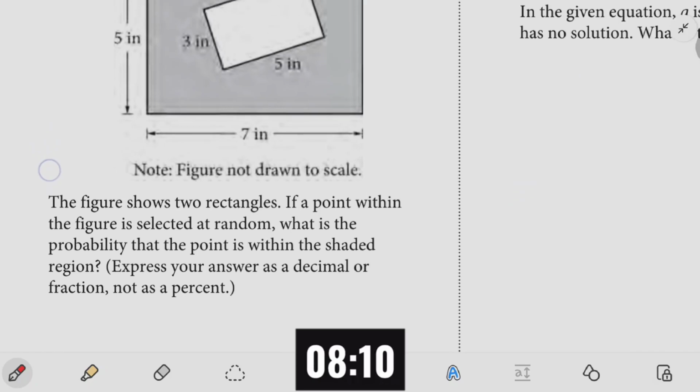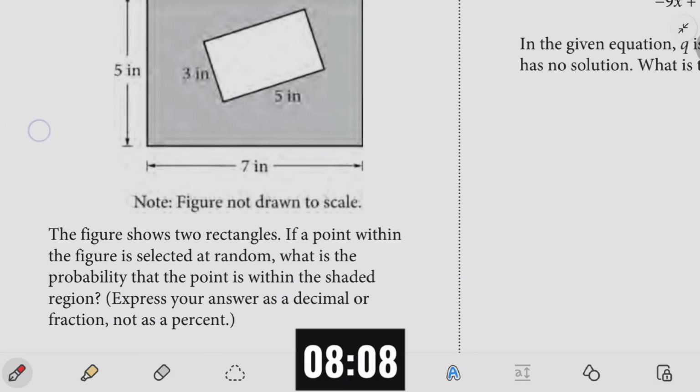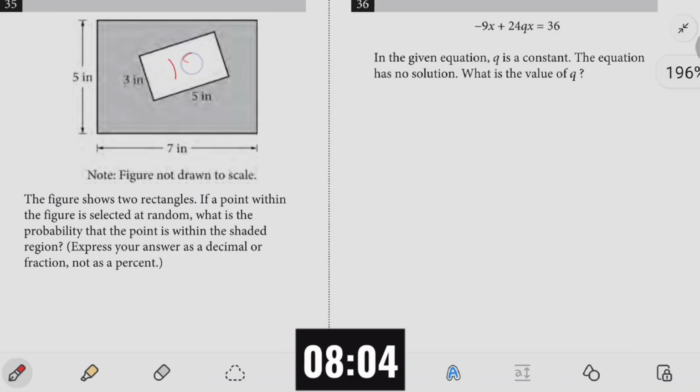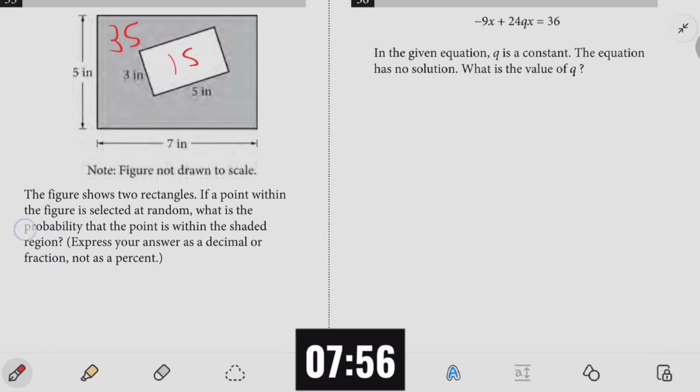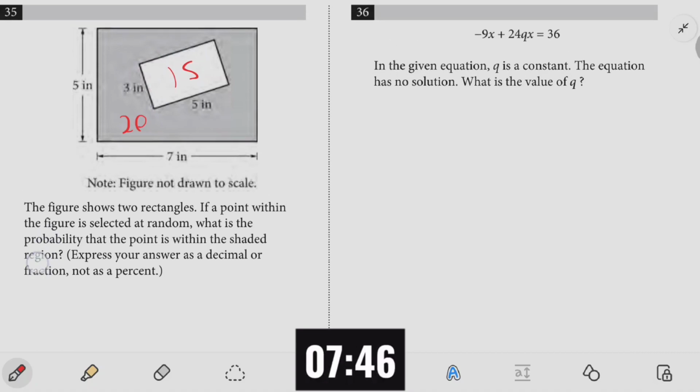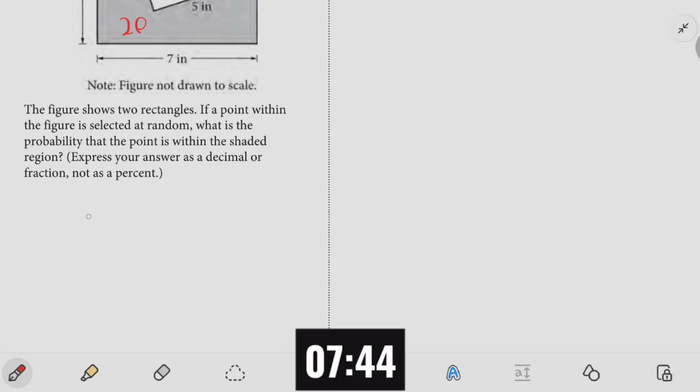Figure showing two rectangles, and a point within the figure is selected at random. What is the probability that the point is within the shaded region? Crap. Okay, well that's 15. Let's see. What is that? 35 minus 15. 20. So the 20 is how much, and then 15 of that is that. Okay, so it says a decimal fraction, not a percent.